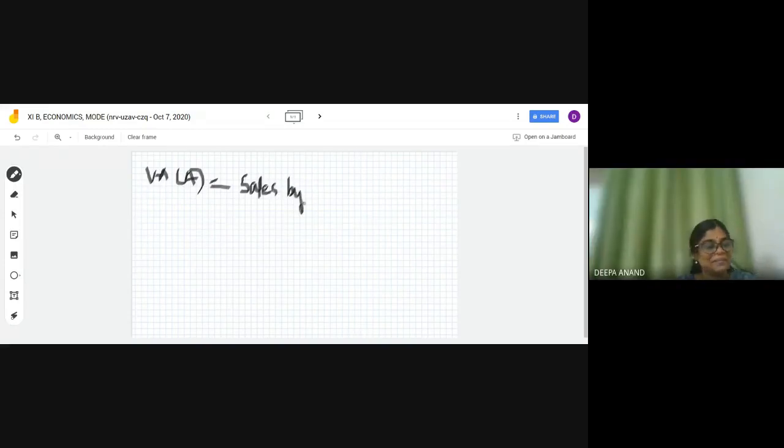Sales by firm A. And the others, the silent spectators, change in stock, sales plus change in stock minus intermediate consumption, that is the formula for value added.